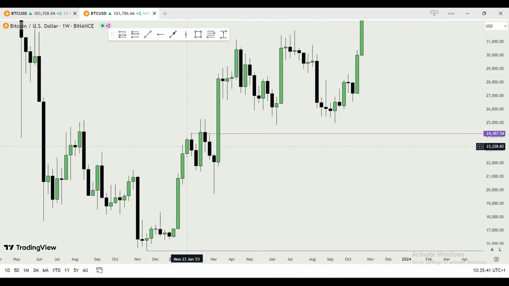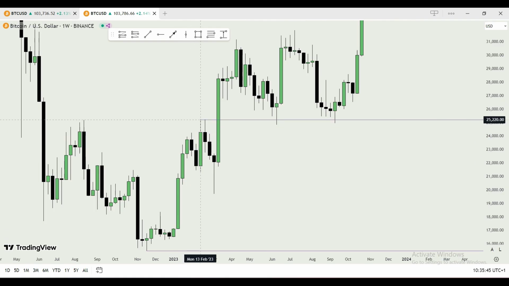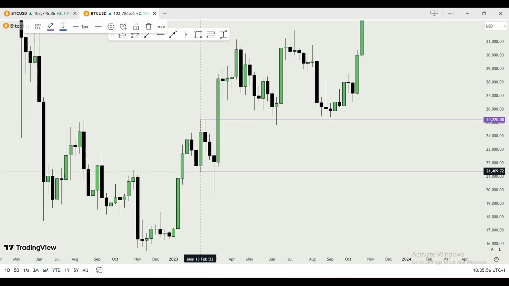Then price broke this high again here, and also broke this black candle's low and closed below it here. So this becomes our new trading range, high and low, and it's a bullish range. So price will retrace back into this range, and I'll be looking for buying opportunities.